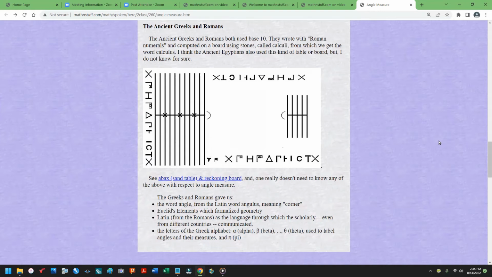The historians that I've read on the web don't see the reckoning table. They saw a game board. What I see is one accountant on this side, one accountant on that side, and the judge up here to do the supervision of the computation.